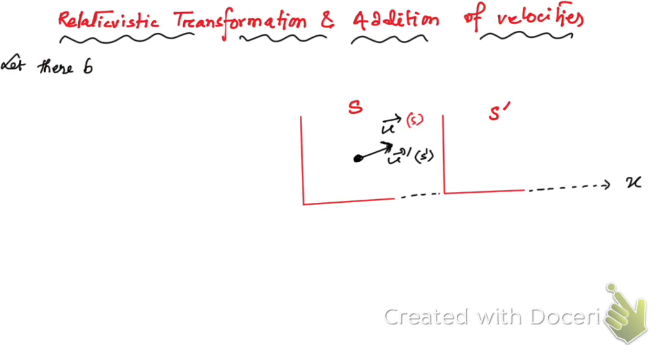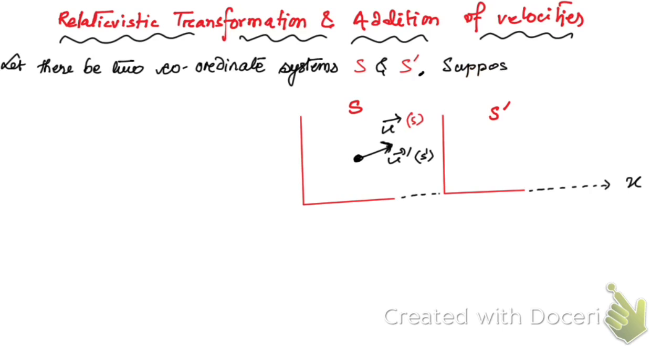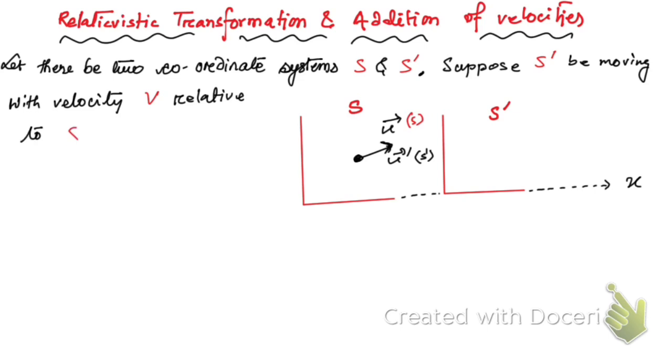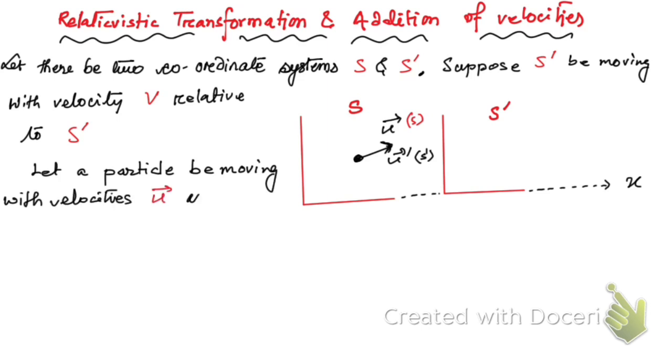Let there be two coordinate systems, one is S, another is S dash. Suppose S dash is moving with velocity v along x-axis relative to S. Let a particle be moving with velocities u and u dash respectively with respect to S and S dash.